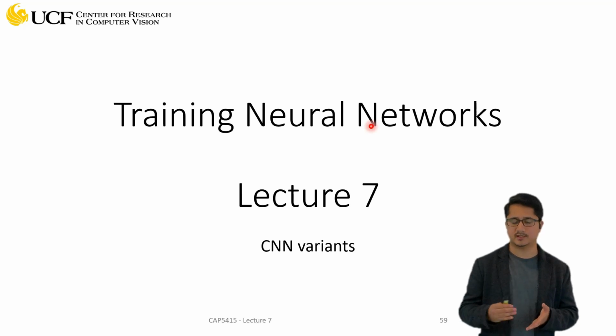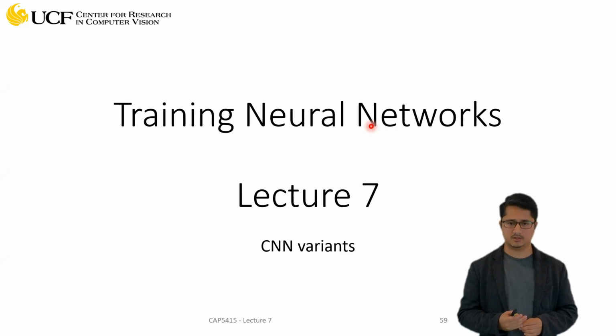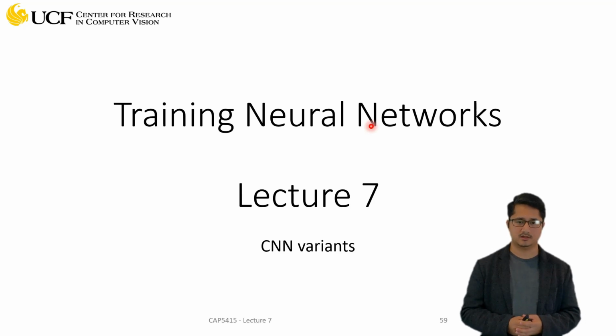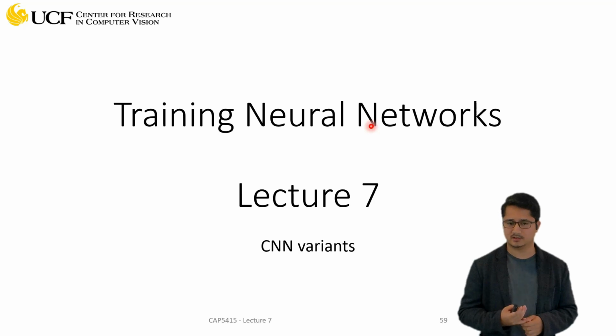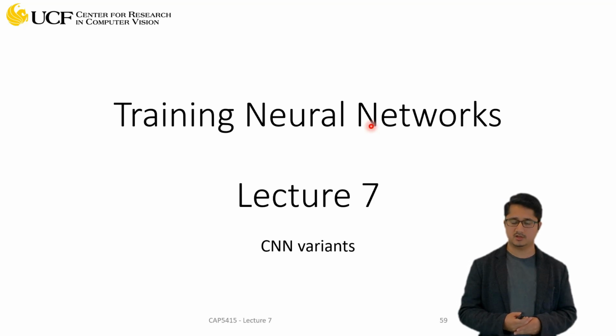And this is by no means a very comprehensive list. This is some of the variants. And of course, there are a lot of other variants out there. And these variants are being developed very, very rapidly, right? So for example, these days we have transformer models and everyone is now focusing just on transformers. So most of the recent neural networks you will see, even for images and videos, are based on transformers.